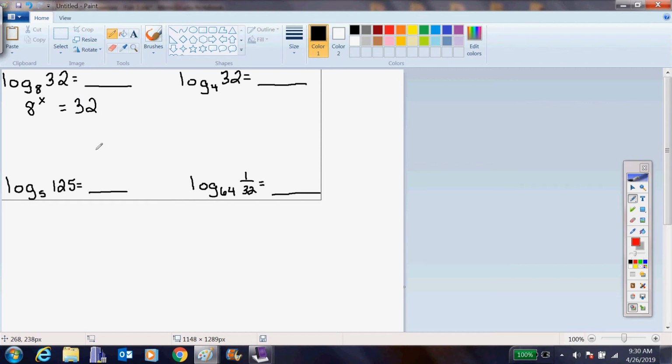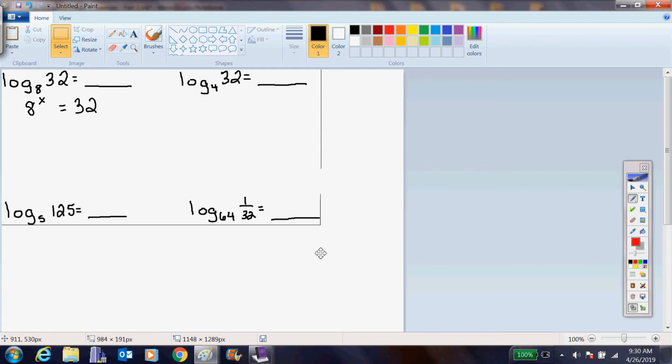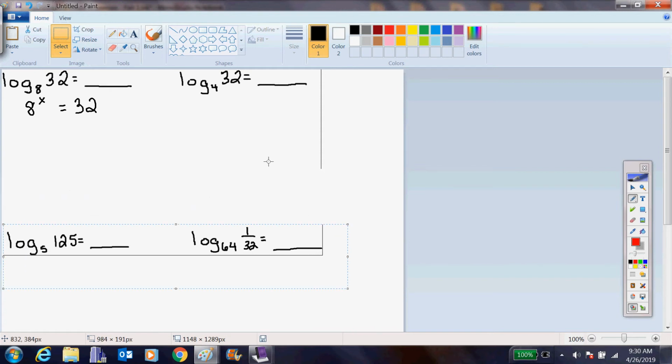Okay, now this may not be super obvious at first. As a matter of fact, I'm pretty sure it's not. So what I want to do is rewrite it so that you've got like bases. So for example, 32 can be written as what to what power? 2 to the 5th power.